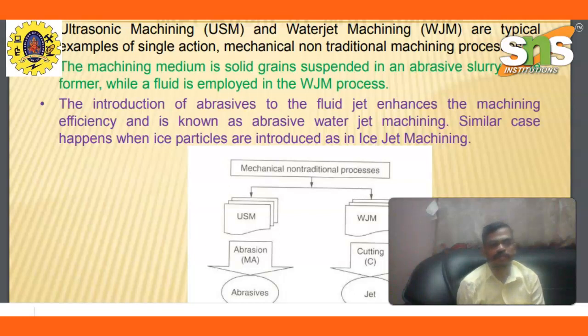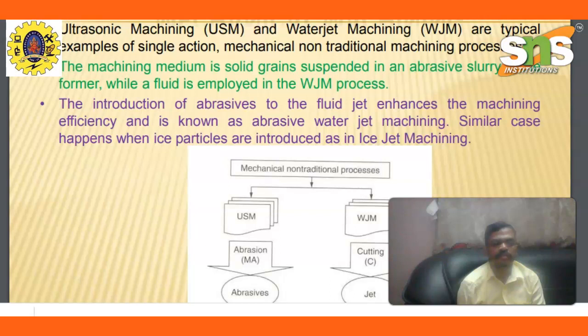Mechanical machining: ultrasonic machining (USM) and water jet machining (WJM) are typical examples of single-action mechanical non-traditional machining processes. The machining medium is solid grain suspended in an abrasive slurry in the former, while a fluid is employed in the water jet machining process.